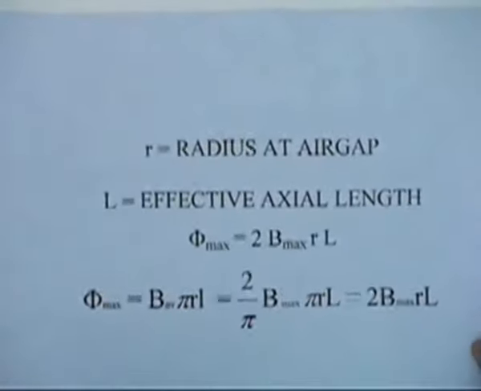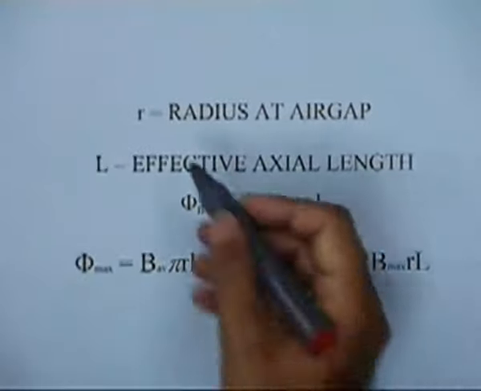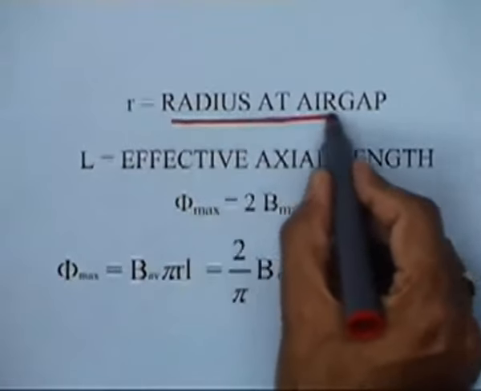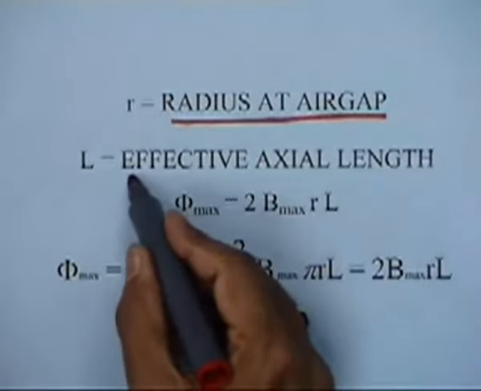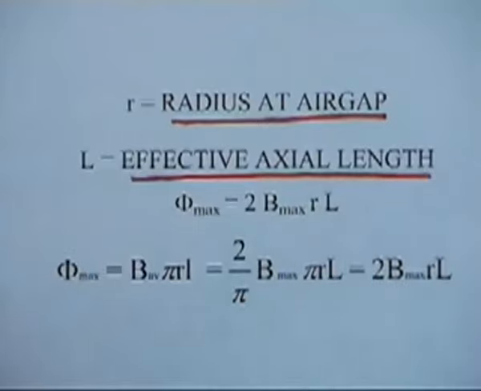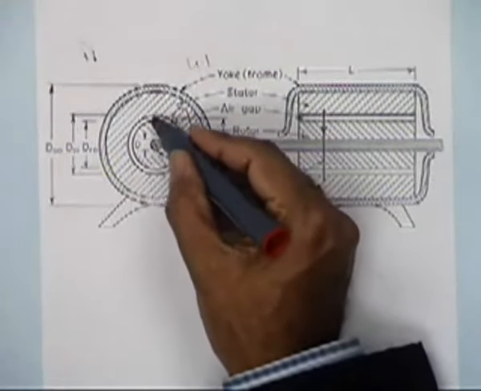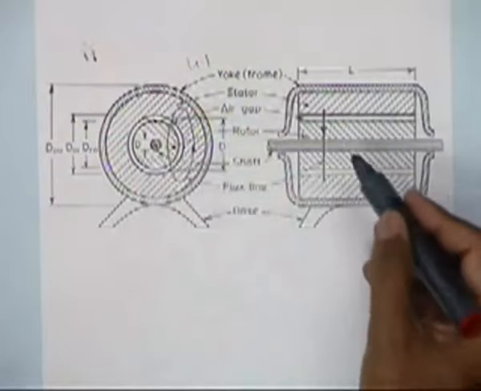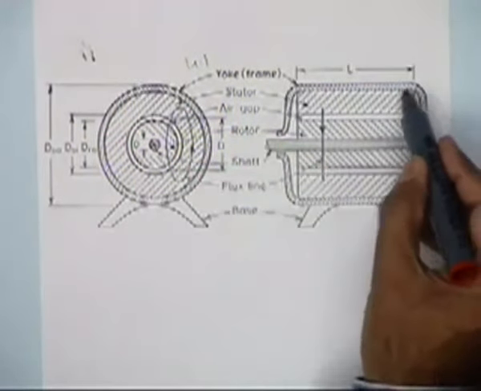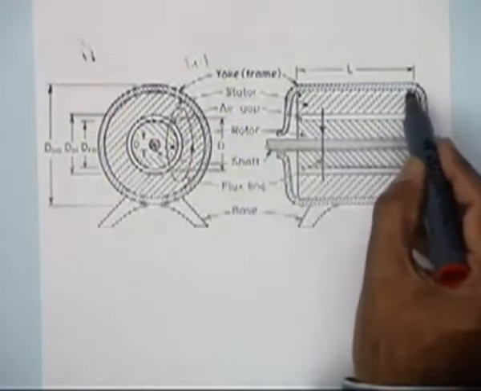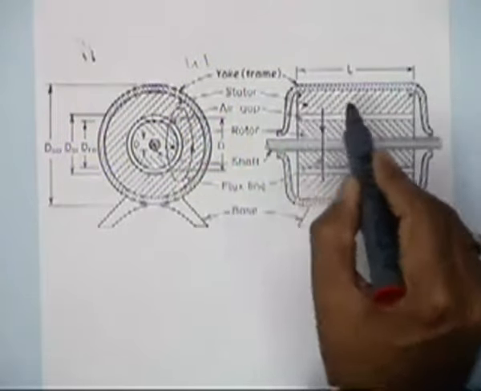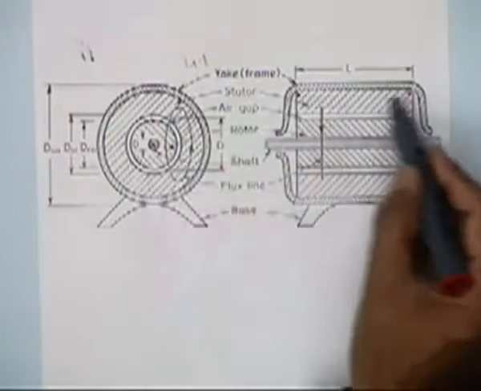Our denominations are that R is the radius at the air gap and L is the effective axial length. If you look at a picture of a machine like this, this will be the radius R from here to here, and the length is the axial length, that is the magnetic length from here to here.